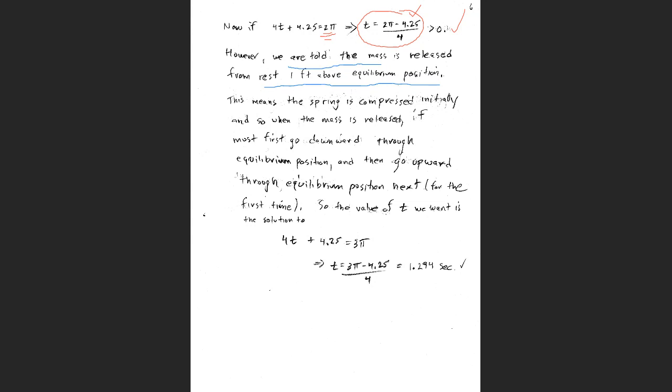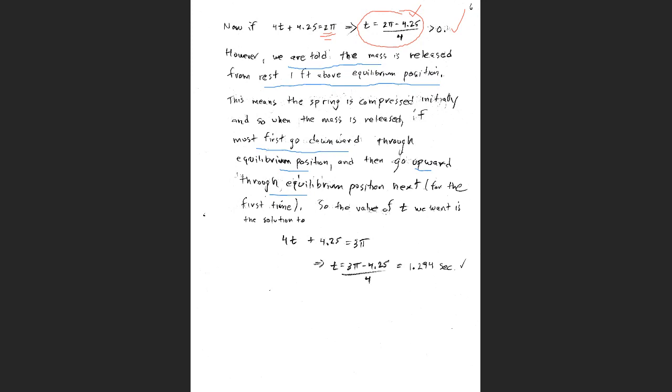So the mass has to go downward through equilibrium position first, and then it's going to go upward through equilibrium position next. It oscillates, but the first time it passes through equilibrium position, it's going downward. Well, we want to know the first time the mass passes equilibrium position headed upward.